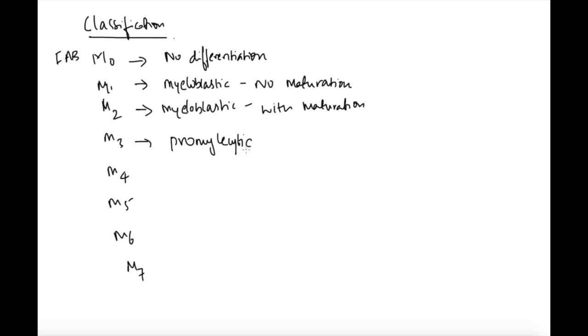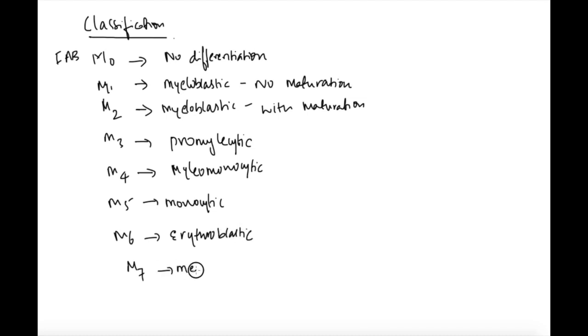Promyelocytic, fine. Then we have myelomonocytic, then M5 is monocytic, M6 is erythroblastic, and the last one is megakaryocytic. So M0 to M7.